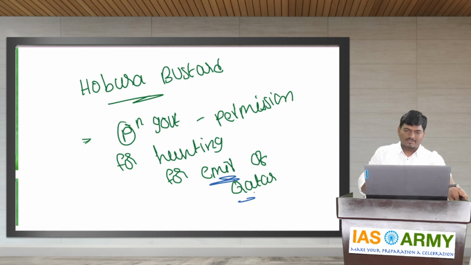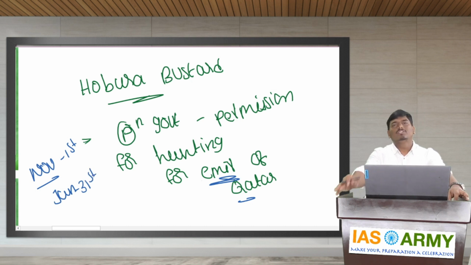In Pakistan, there is a hunting season from November 1st to January 31st. It's like a tourism model for them, hunting tourism, where they charge hefty prices from the princes and these emirs, and allow hunting of this Houbara Bustard.